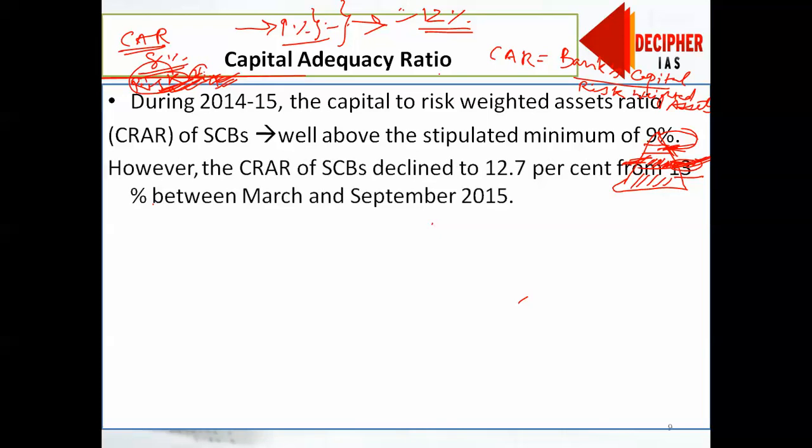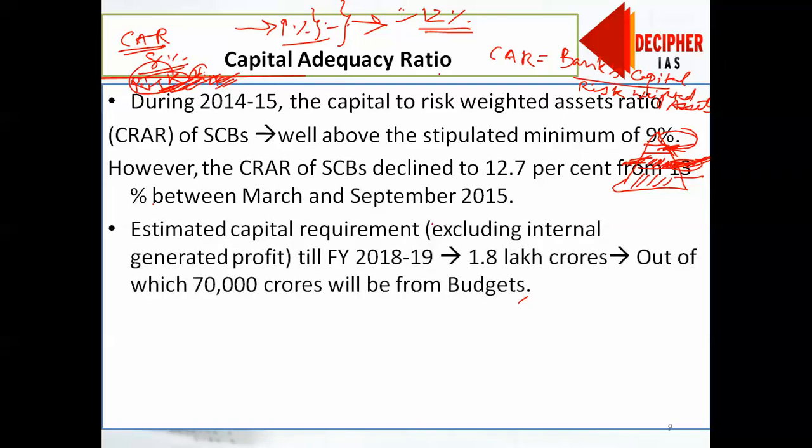Now given the deterioration of the asset quality and gradual implementation of Basel III, banks will have to improve their capital positions to meet unforeseen losses in the future. The estimated capital requirement for the next 4 years till the financial year 2018-19 is 1.8 lakh crores. Now this is a very huge amount.